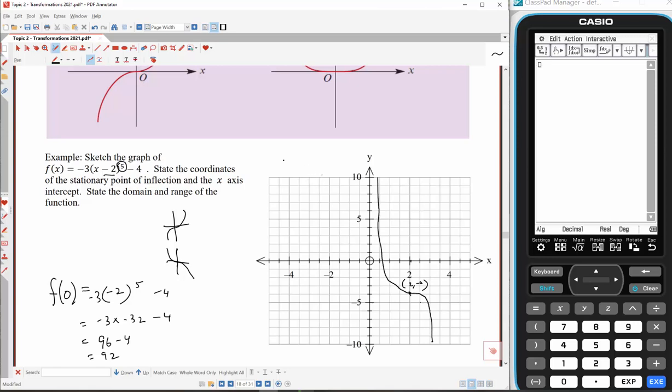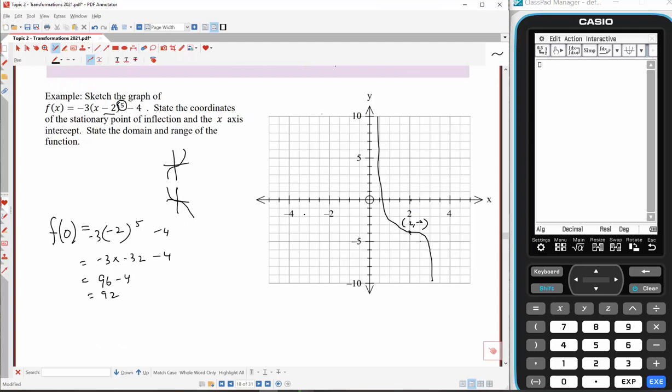Alrighty, we do need the x-intercept. So x-intercept occurs when f of x equals 0. So 0 equals -3(x - 2)^5 - 4. Add 4.